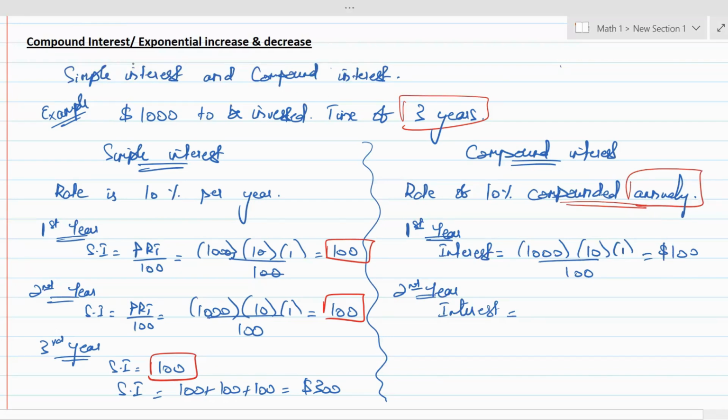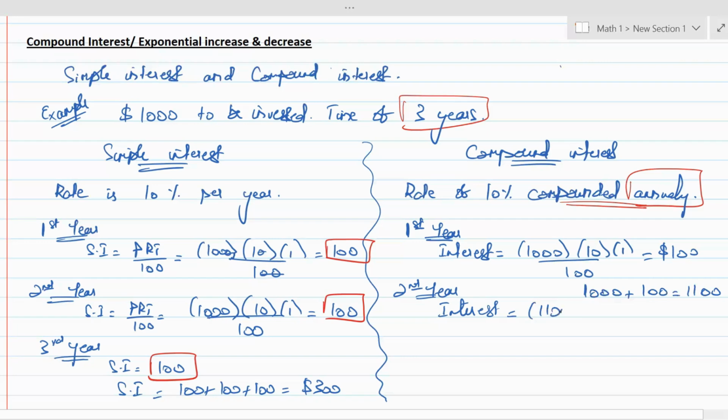So the new principal for the second year would be the initial principal, 1000, plus the $100 which was added to it, the simple interest earned after the first year. So we get 1100. For the second year, the principal will now change to 1100.